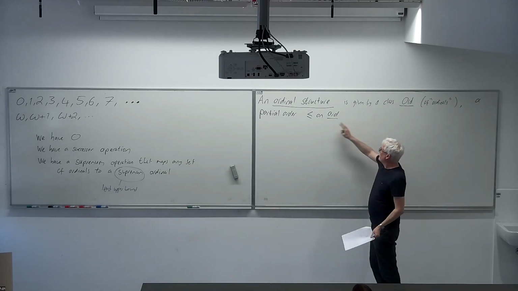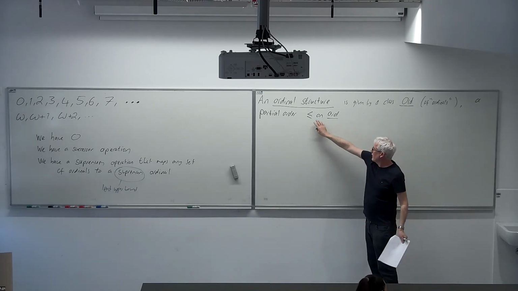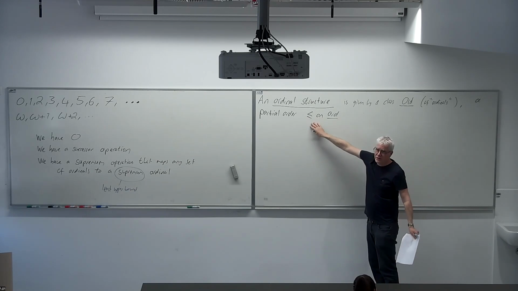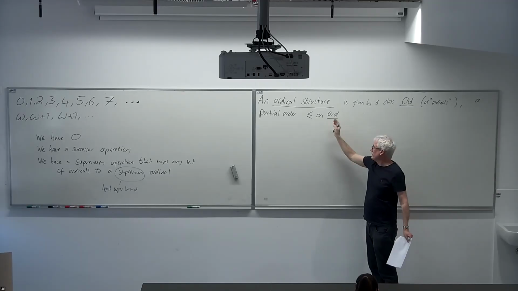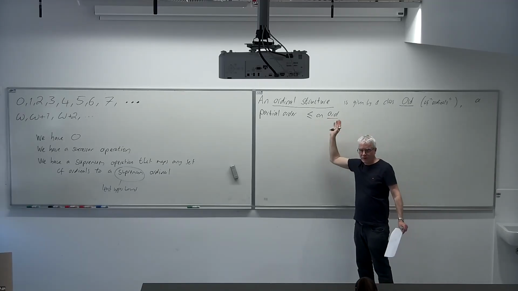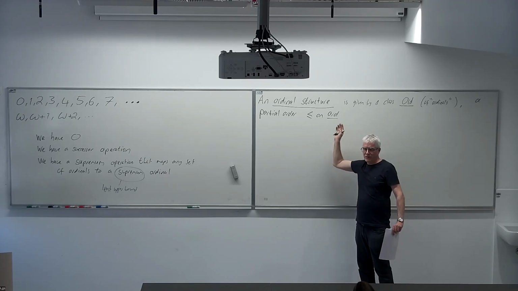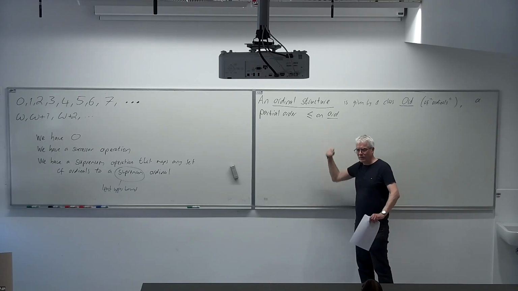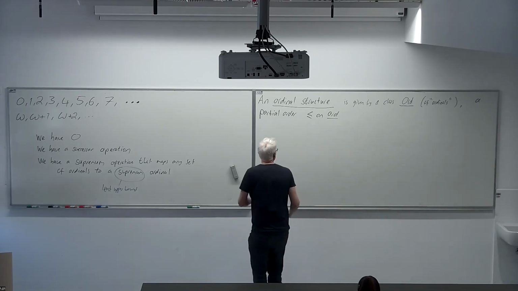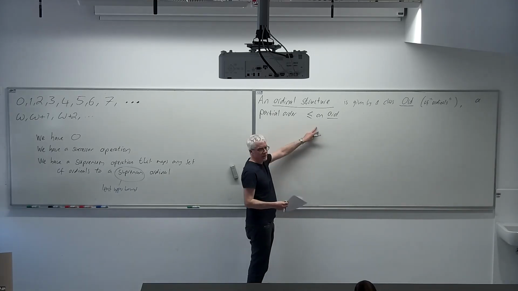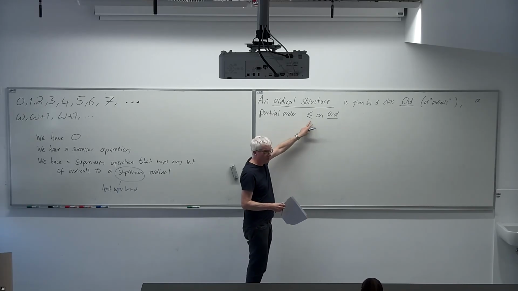Whenever you have a non-strict partial order, it determines a strict partial order, namely being less than or equal to but not equal. Whenever you have a strict partial order, it determines a non-strict one: either you're strictly less than or you're equal. So it doesn't really matter which one we take as basic, but it's more natural here to take less than or equal as basic, I think.